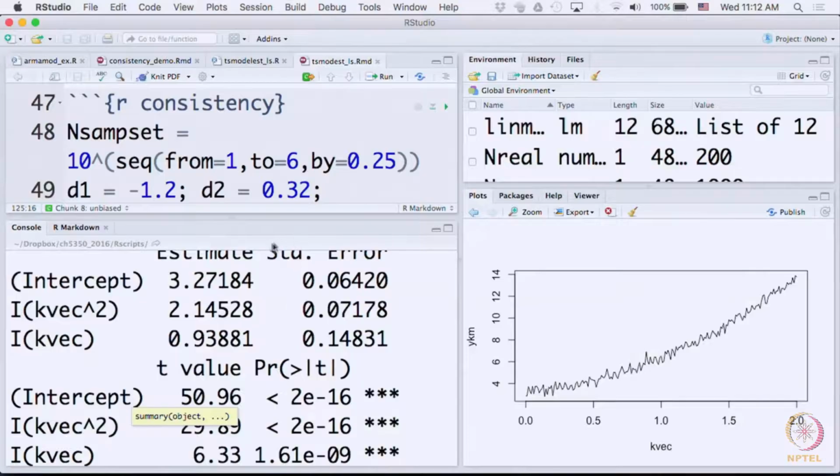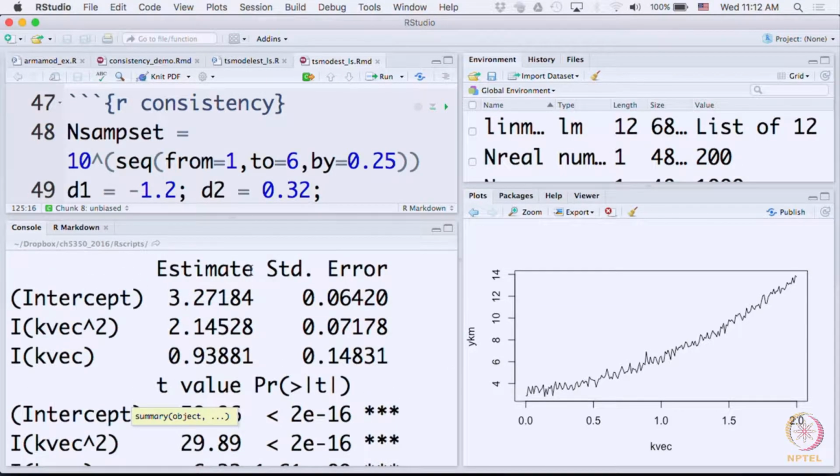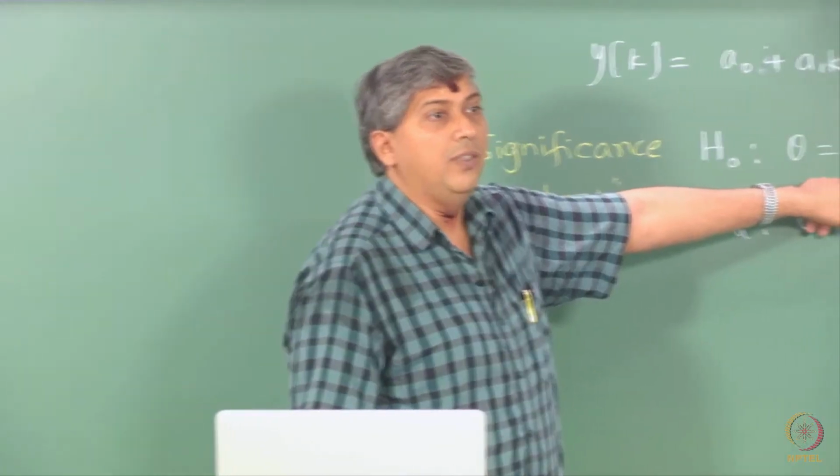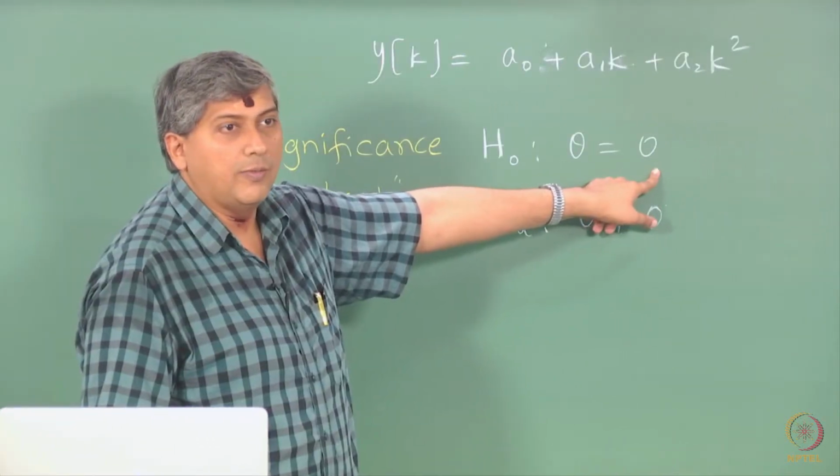Here, for example, if I want to construct the 95% confidence interval, I can take the estimate obtained plus or minus roughly twice this standard error, 1.96 times sigma theta hat is what you want to add. Quickly you can check if 0 is contained in the confidence region, because what we are testing in the hypothesis is if the postulated value is 0.